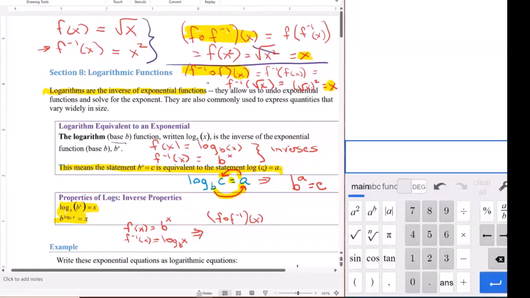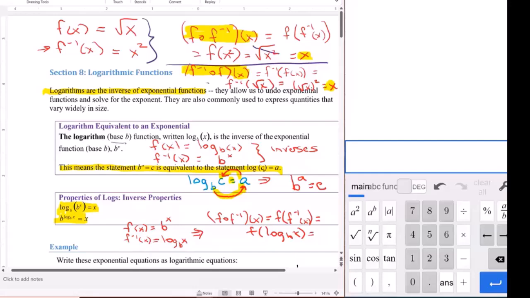It's the same as saying f of f inverse of x, which is f of log base b of x.